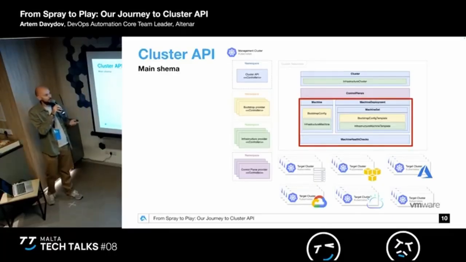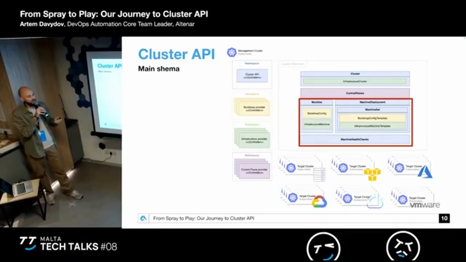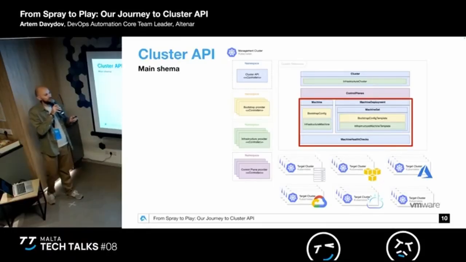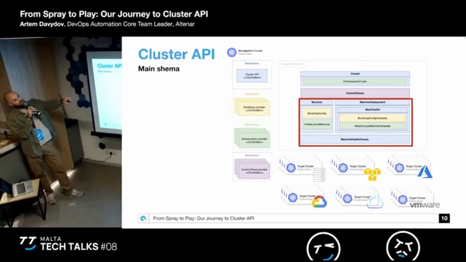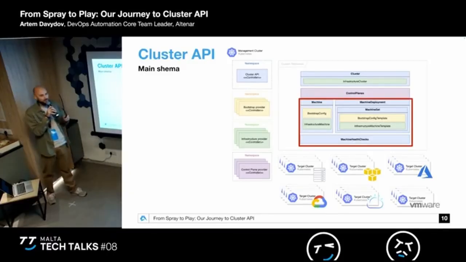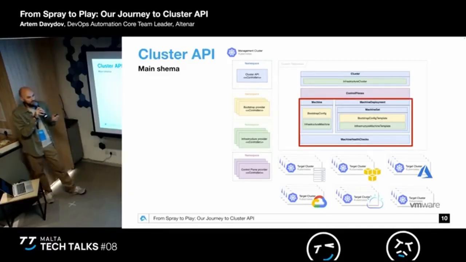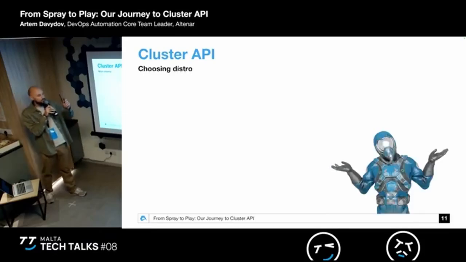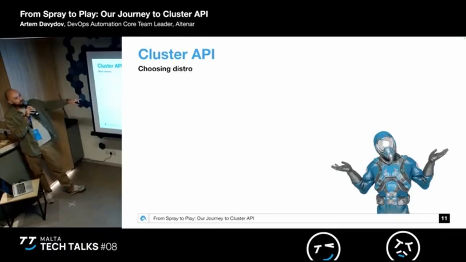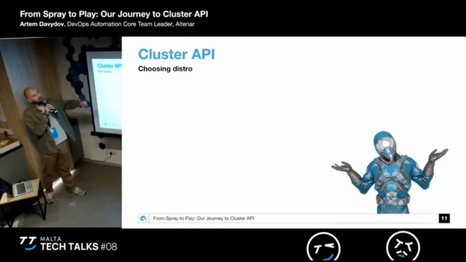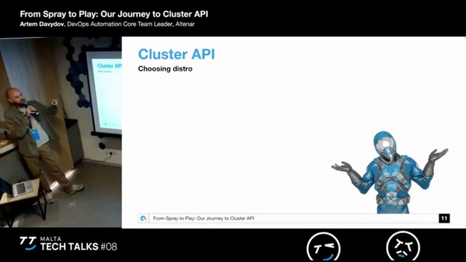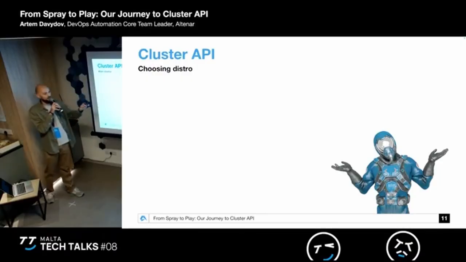Then we have control planes and machine deployments. I want to make a remark. Machine deployments are the same as Deployments in Kubernetes. For example, if you kill a machine in your Kubernetes cluster, the machine deployment will create a new machine. It's the same.